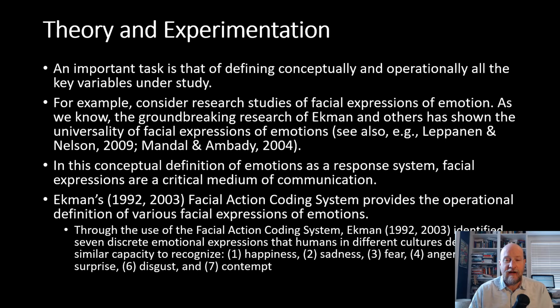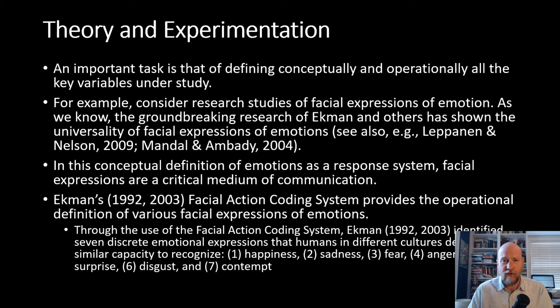So let me give you a couple of examples and work up to an example of a more complex research design that we're going to come back to over the course of the chapter. There is a lot of groundbreaking research on facial expression of emotion in the last few decades, and specifically Ekman and colleagues have shown that there's a universality of human facial expression of emotions, that it seems to cross cultures.